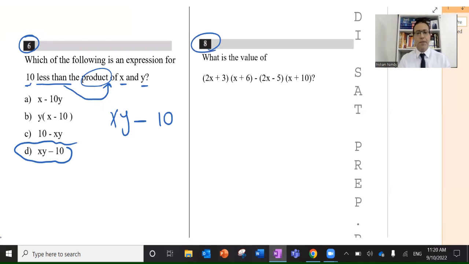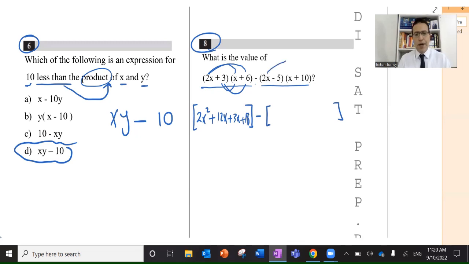Now, question number 8. What is the value of the product minus this product? So first, I'm going to separate the product. This is a free response question. 2x by x is 2x squared. 2x by positive 6 is positive 12x. 3 by x and 3 by 6.